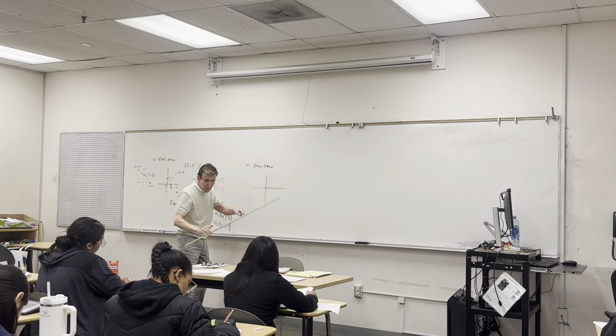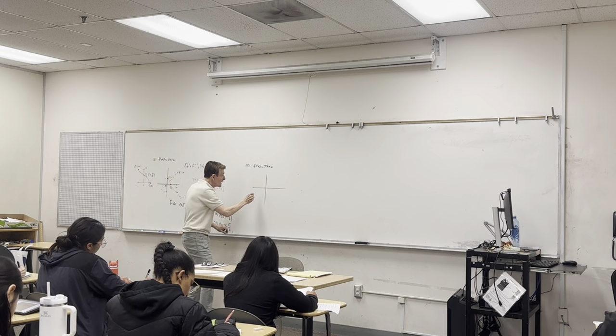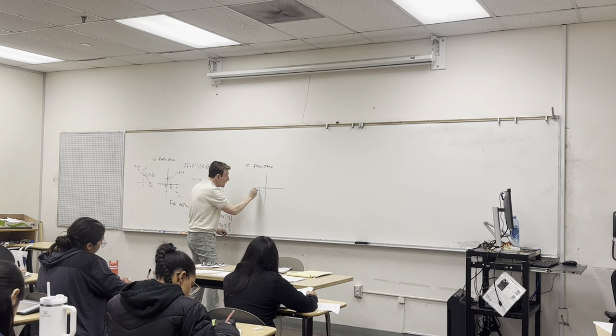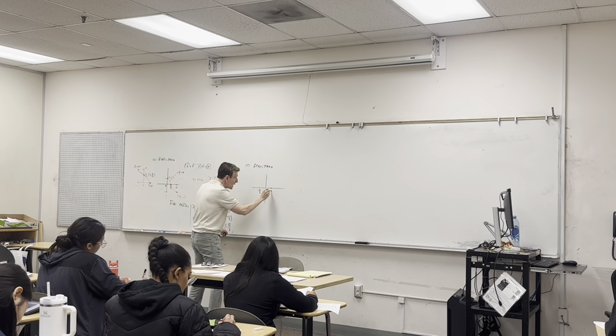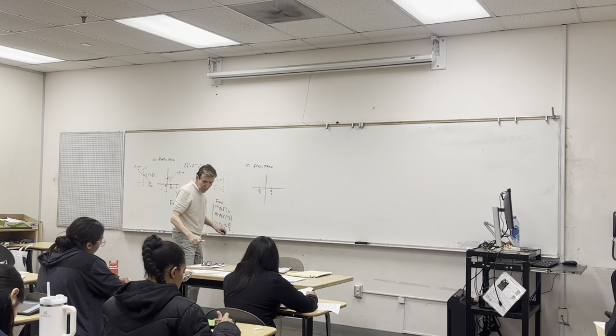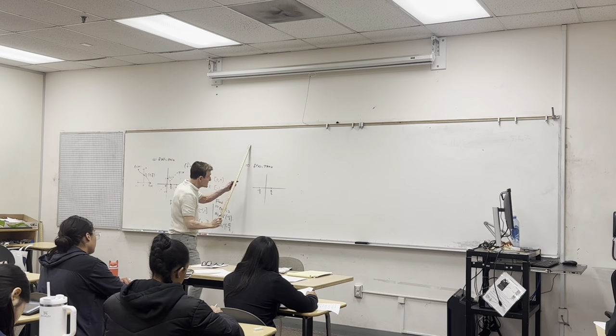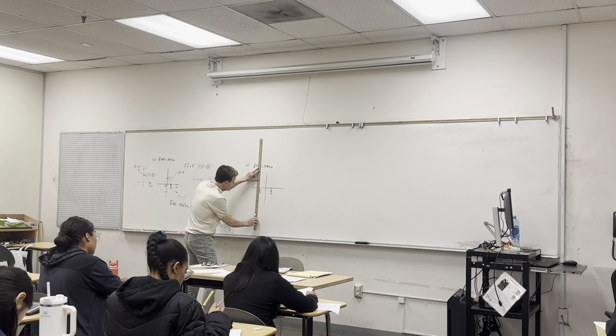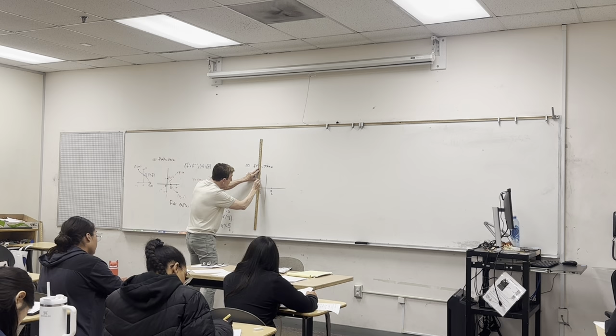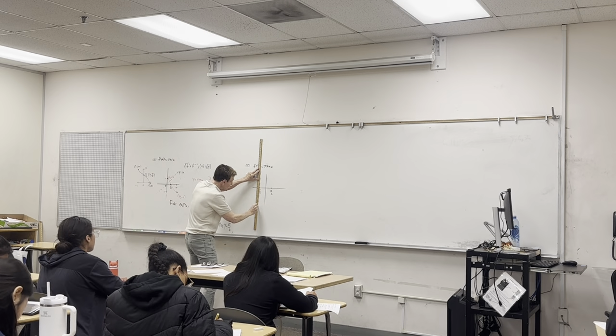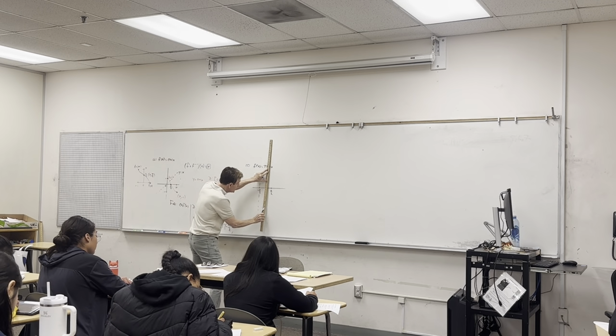Please remind me, I think we accepted in class the part between negative pi over 2 out to positive pi over 2. And I think we had an asymptote, if you guys can remember, at negative pi over 2, which is the tan graph, and pi over 2.